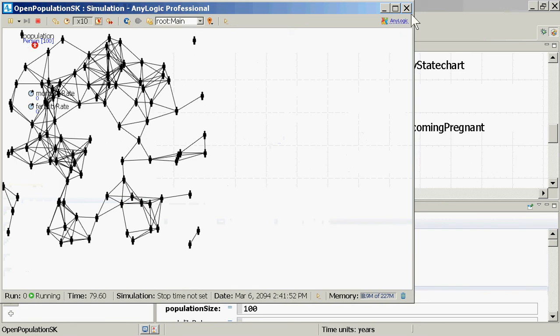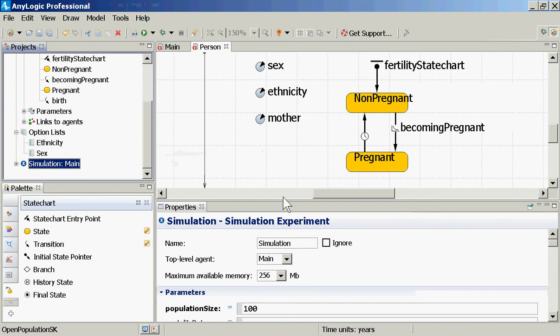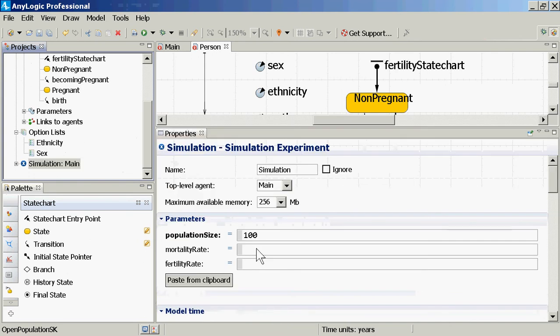We didn't specify values for fertility rate and mortality rate. Let's say mortality rate of 0.15 and fertility rate of 0.02. Those are associated with the experiment. They're parameters for the whole model. Thank you, David.